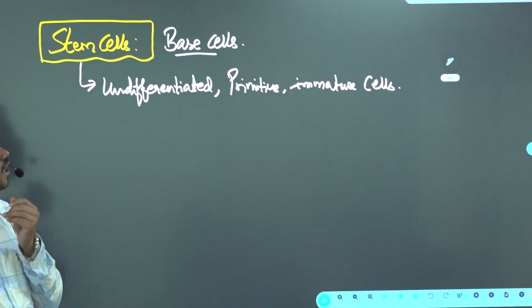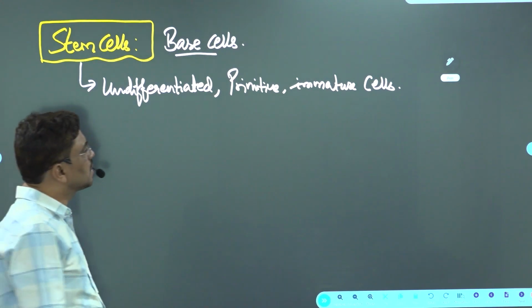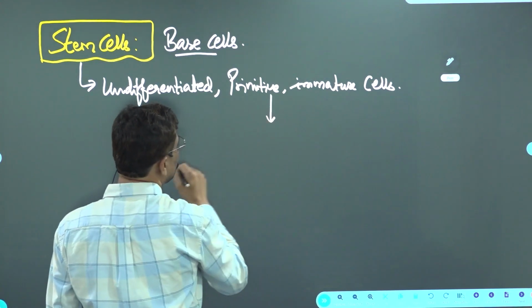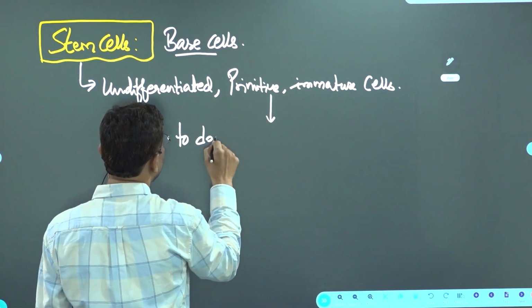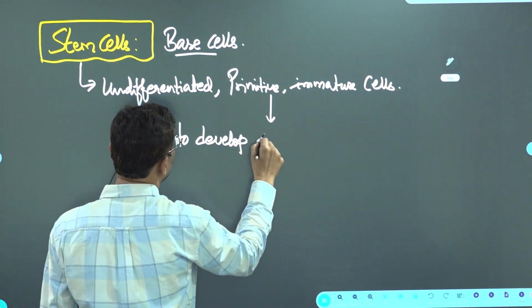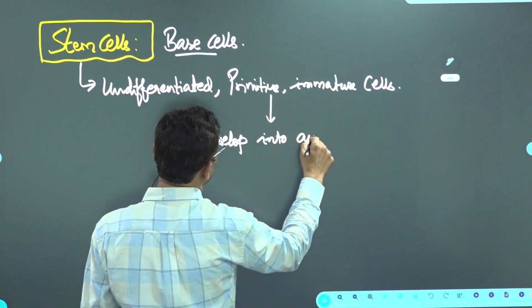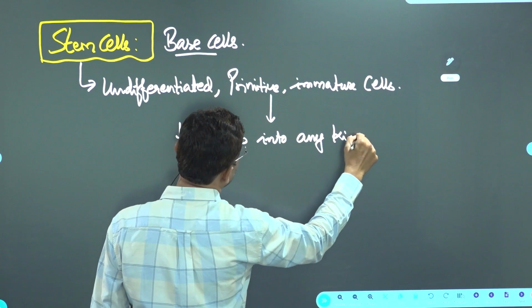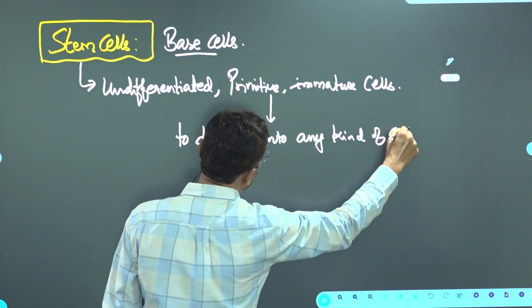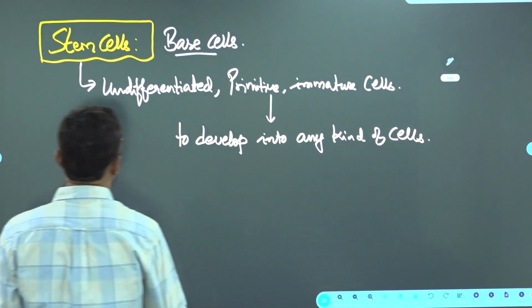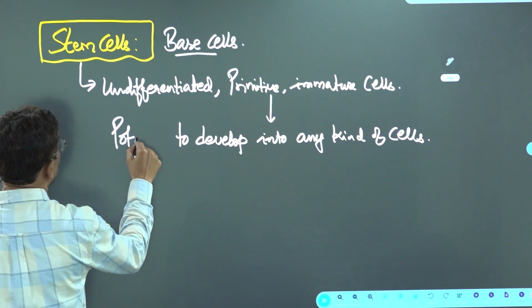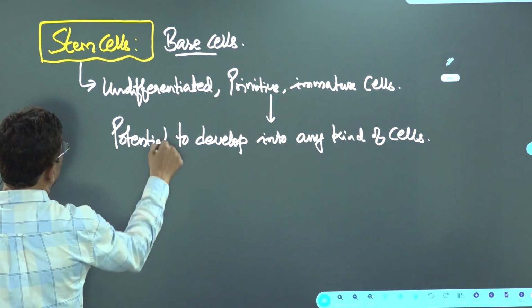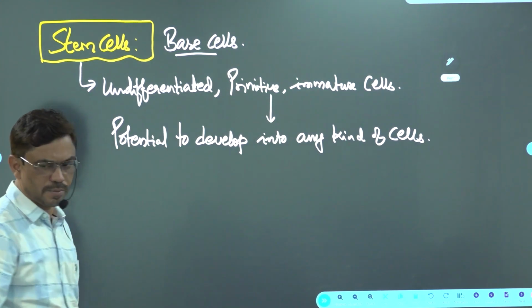So, undifferentiated primitive immature cells which have the capacity to develop into any kind of cells, which have the potential to develop into any kind of cells.